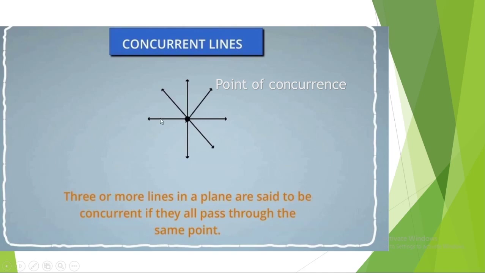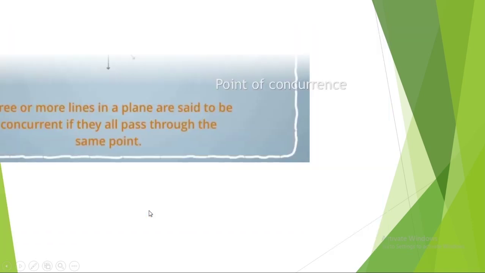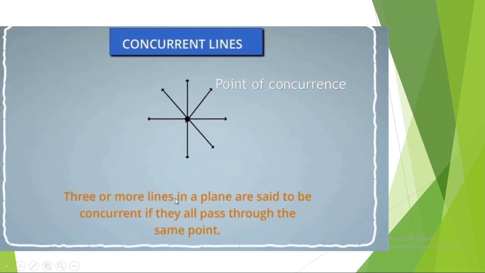So these lines are called concurrent lines and the point through which these lines are passing is called the point of concurrence. Three or more lines in a plane are said to be concurrent if they all pass through the same point, and this common point is called the point of concurrence.